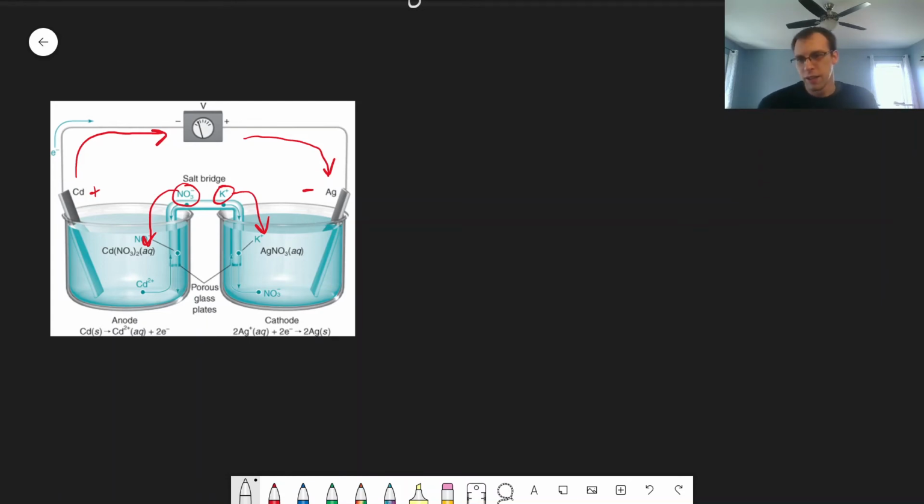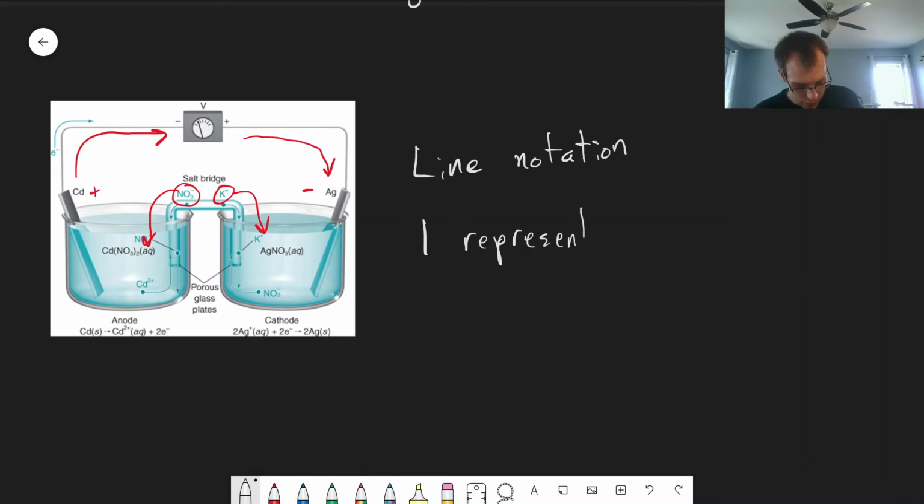Now, we don't necessarily want to draw a picture showing this every single time, and so we have a shorthand used for denoting galvanic cells called line notation. The idea here is that one line represents a phase boundary, going from, say, solid to aqueous or to a gas.